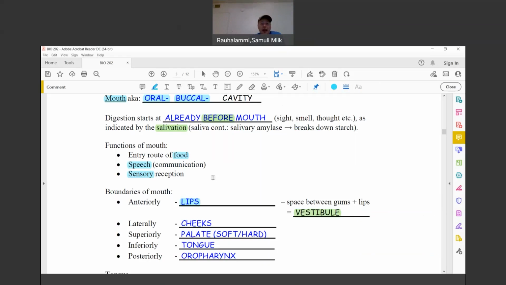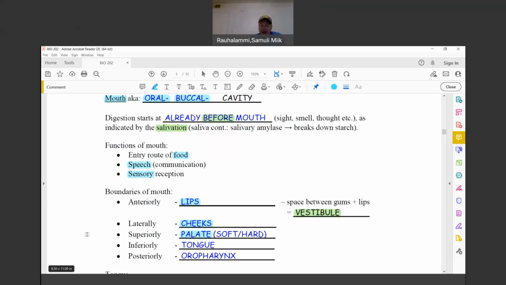On the sides, so laterally, our mouth is defined by our cheeks. So we've got a couple of important muscles there. And superiorly, so at the top of our oral cavity, we're going to have the palate. Remember that we had a hard palate anteriorly, where the bone was, and then we had the soft palate posteriorly, so more towards the back.